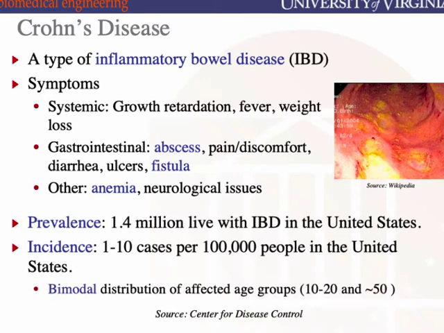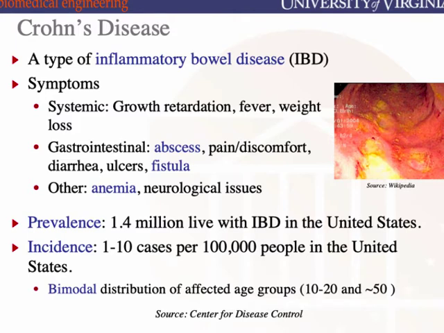All right, here are the prevalence and incidence numbers. About 1.5 million live with IBD in the United States. That's a lot of us, right? And there are a lot of different factors that go into this, and we'll talk about those in a minute. Incidence is about 1 in 10 cases per 100,000 people in the U.S., and it shows what's known as a bimodal distribution.